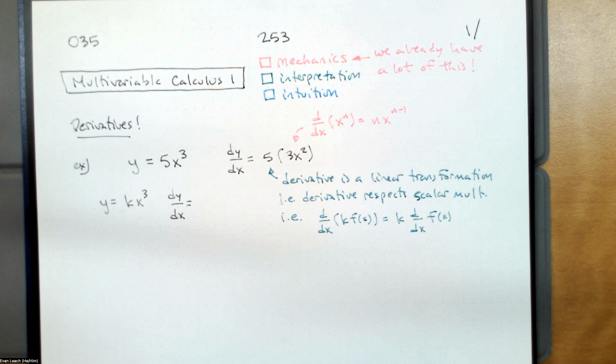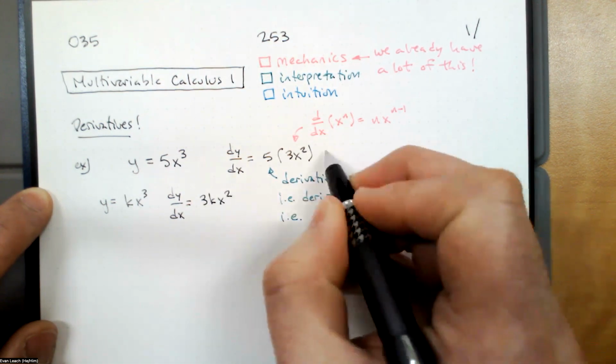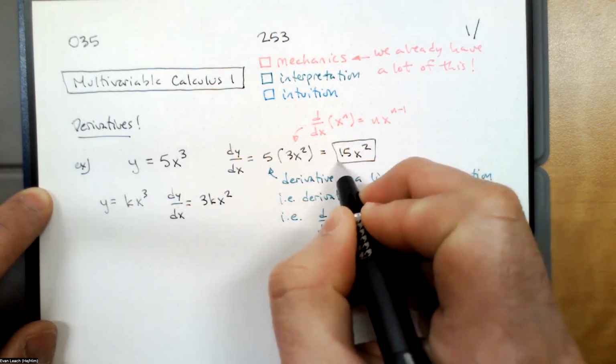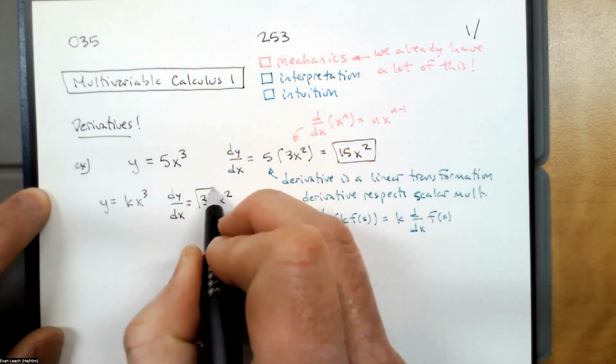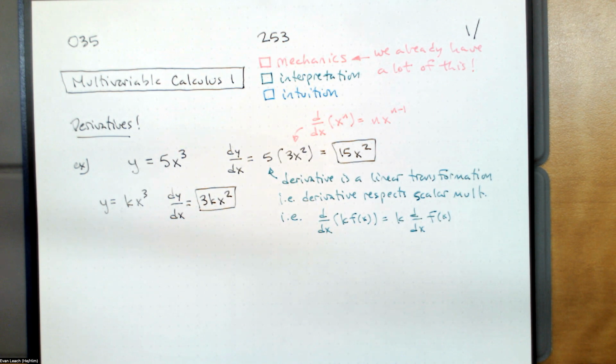We multiply by 3, so it'd be 3 times whatever k is, so 3k x squared. I forgot to write the answer here. That's why no one wanted to say 3k x squared, because I hadn't written 15x squared. I looked at 5 times 3x squared, and it's like, oh, no, you got to finish that one first. The derivative of a constant times a function is that constant times the derivative of the function.